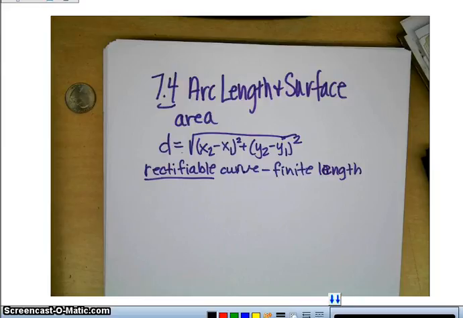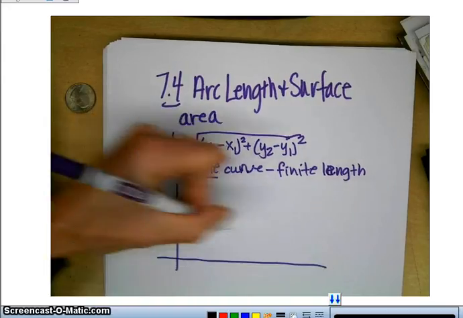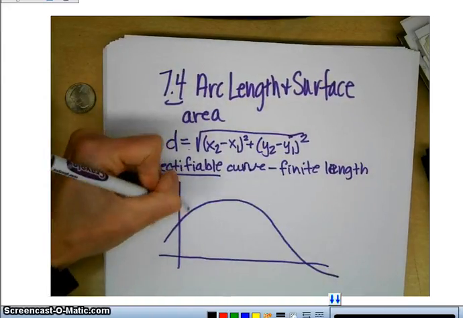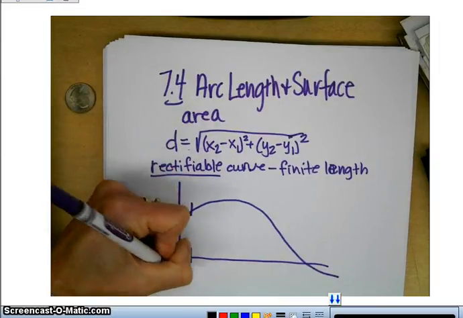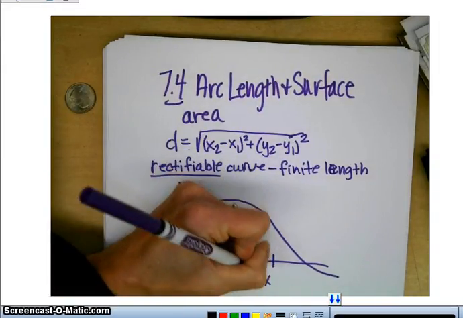So basically what we would want to do, just in general, is let's say we've got this curve right here, and we would like to find the length of this curve from right here, x sub 0, to some other x sub n value.